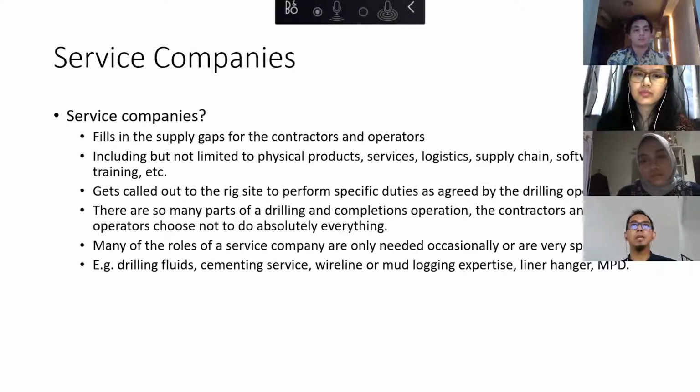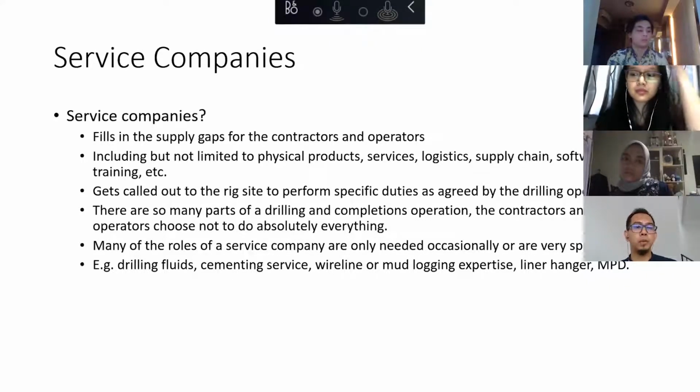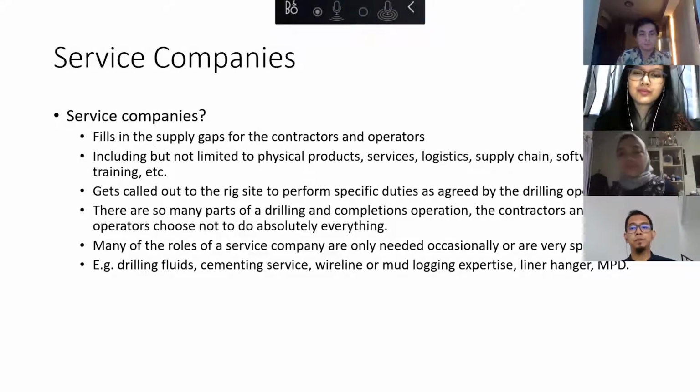There are many parts of drilling and completions operation, but the contractors or the operators have the exclusivity to call out not all of them, just part of them. So in well A, we may require specific services, but in well B, those services might not be required, so they don't get called or utilized in the second well. Many of the roles of the service companies are only needed occasionally, as mentioned before, or are very specialized.